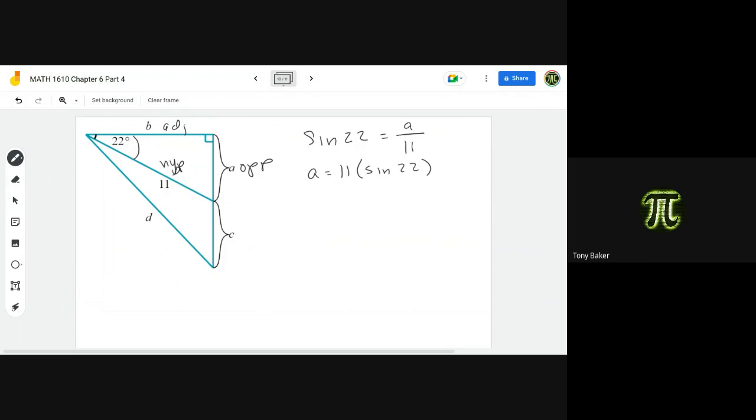So we can plug that in, get my answer. So we get 4 point, actually I think I wanted this one rounded to the nearest one, so 4.1. So A is 4.1.